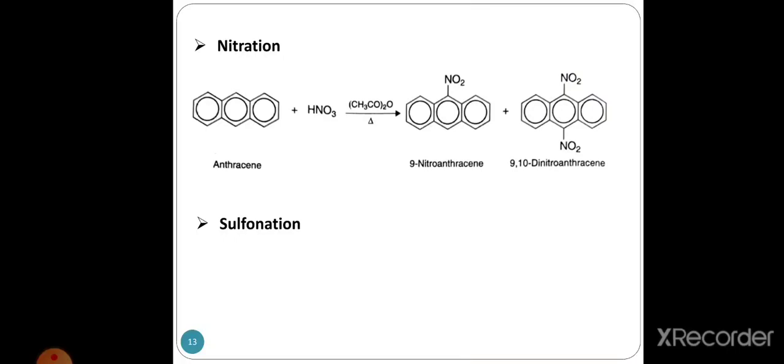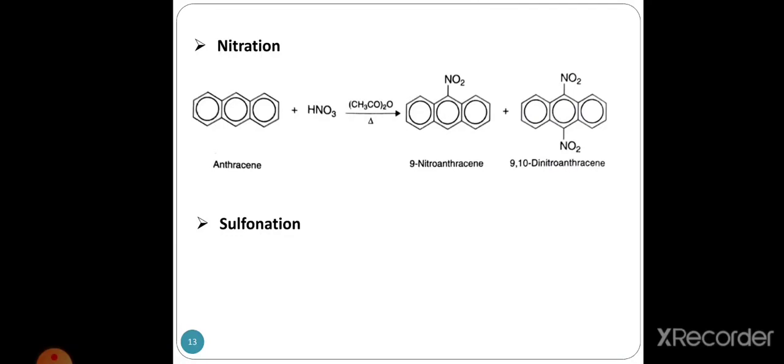The usual nitrating mixture, that is concentrated nitric acid and concentrated sulfuric acid, is not used because it leads to the formation of 9,10 anthraquinone by oxidation.